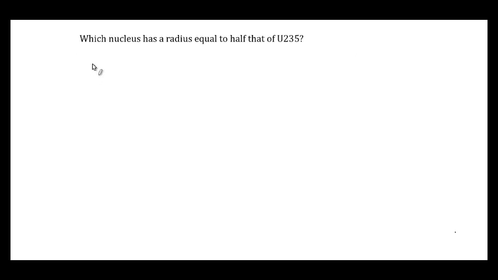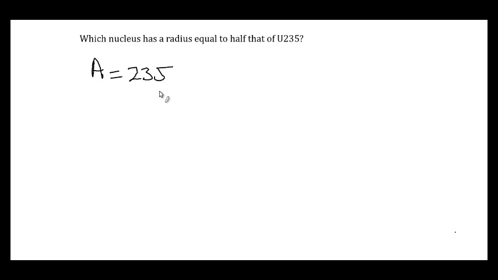The next problem is something like this: which nucleus has a radius equal to half that of uranium-235? This is a problem based on the radius of the nucleus. What has been given to you is the mass number of uranium-235, which is 235.